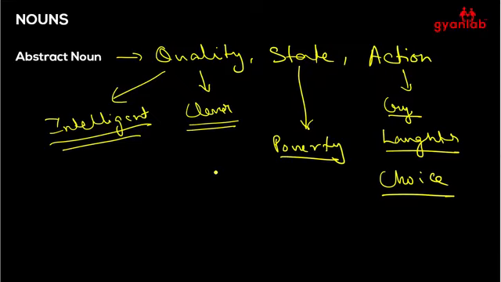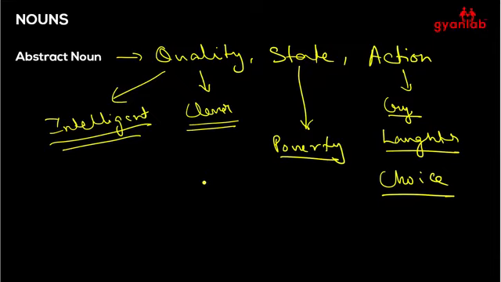The first four kinds of nouns that we had: proper, common, collective, and material, all describe things that relate to objects of sense, things that can be seen or touched or heard or smelt or tasted, and so on. All these nouns are called concrete nouns.